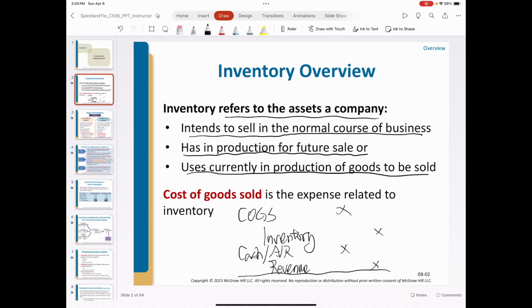So the realization of inventory is the sales revenue. We also recognize expenses, and the value of the expense is the same as the value of the assets.